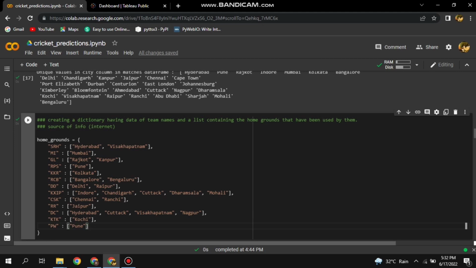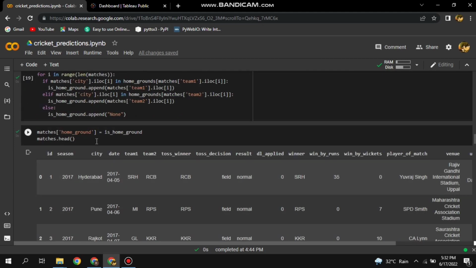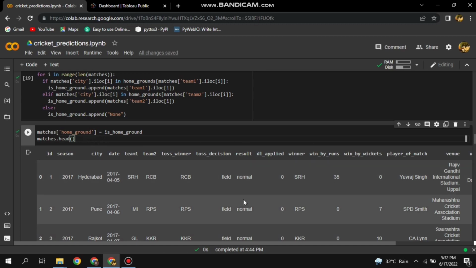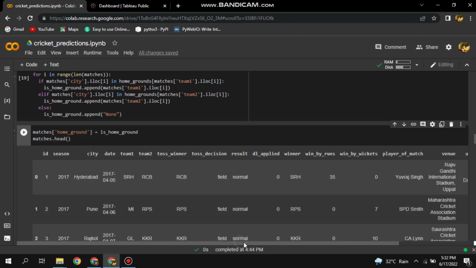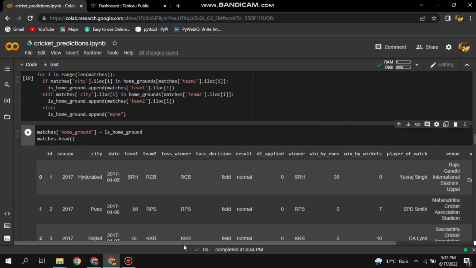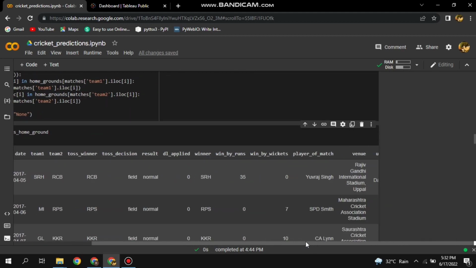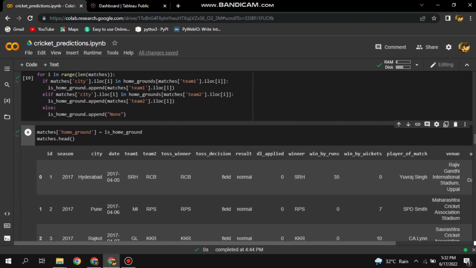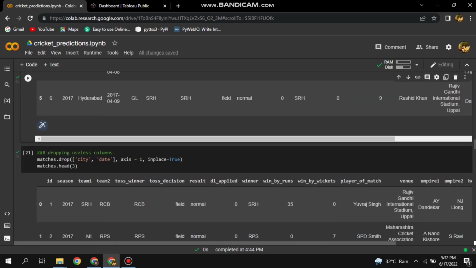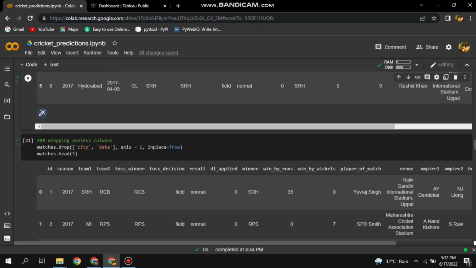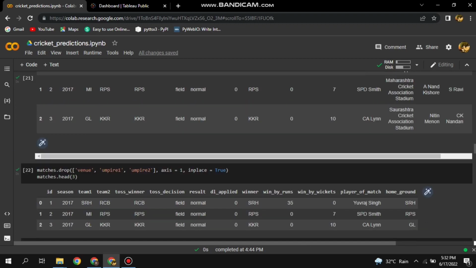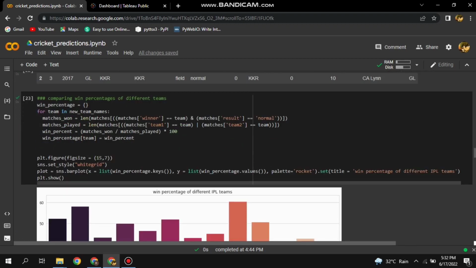I created a new feature in our dataset, the home ground feature. It contains the information about whether the match is being played on a particular team's home ground, and if there is none of them it contains the third value, none. After that I dropped some of the useless columns like city, date, venue, umpire details, etc.